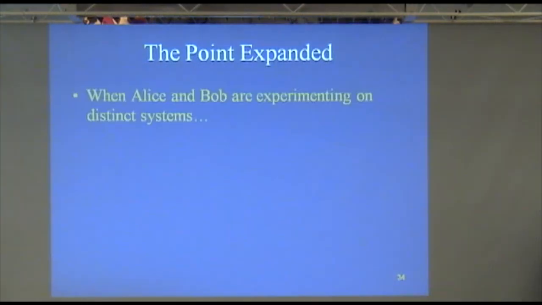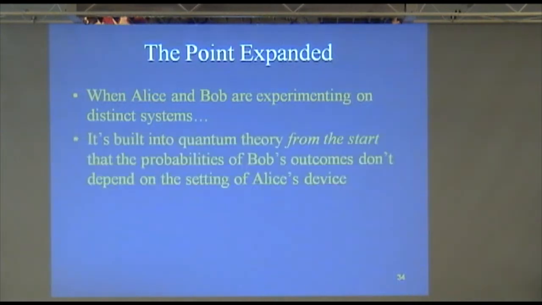So when Alice and Bob are experimenting on their distant systems, distant meaning she's in one lab, he's in another, and they might be quite far apart, it's built into quantum theory from the very beginning, the very rules for how quantum states work, that the probabilities for Bob's outcomes, as Bob is making his measurements, are not influenced at all, are not dependent upon what Alice decides to do with her device.